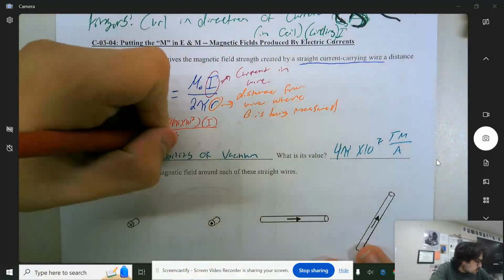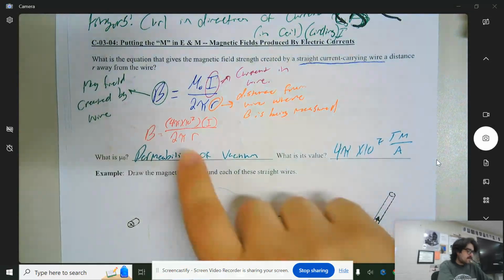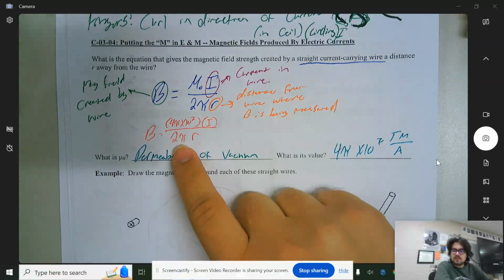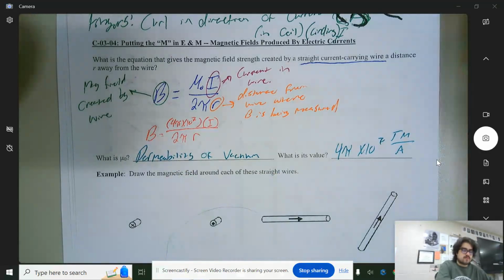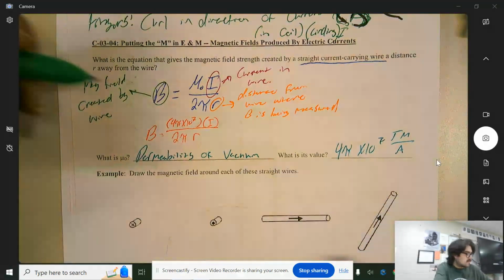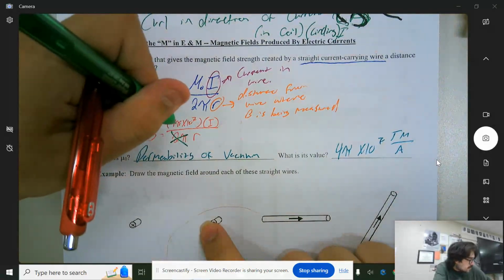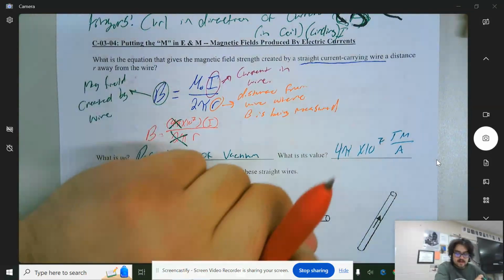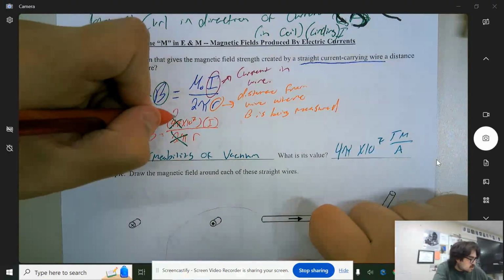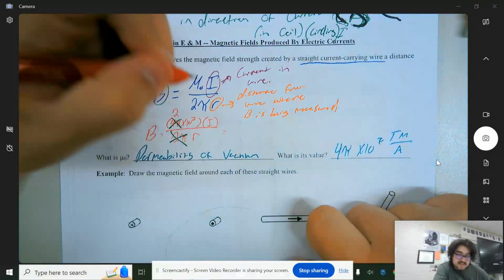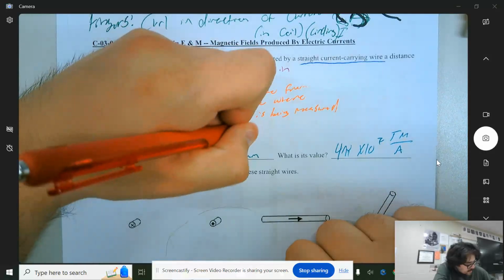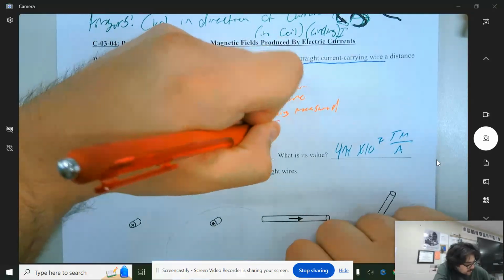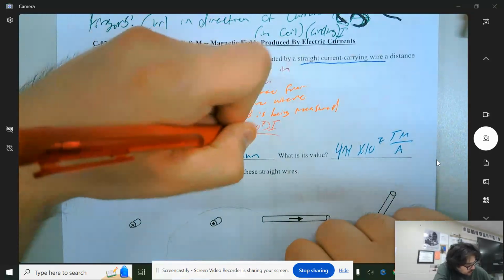We can actually knock out the 2 pi because it's in common in both terms, and the 4 pi will then change to just 2. So you get a simplified form of the equation, which is just 2 times 10 to the negative 7th times I over r.